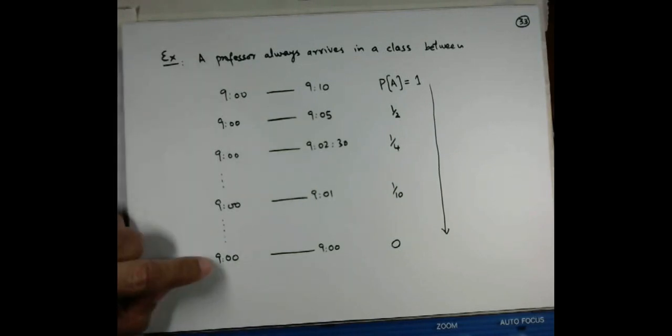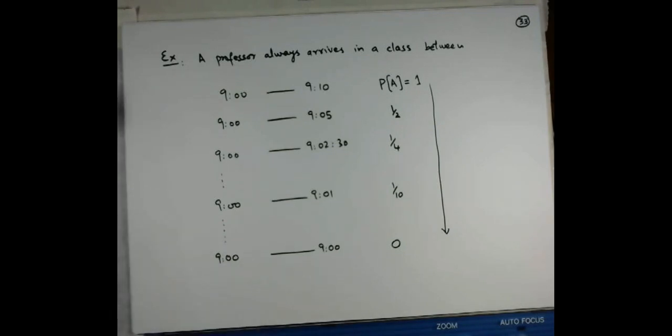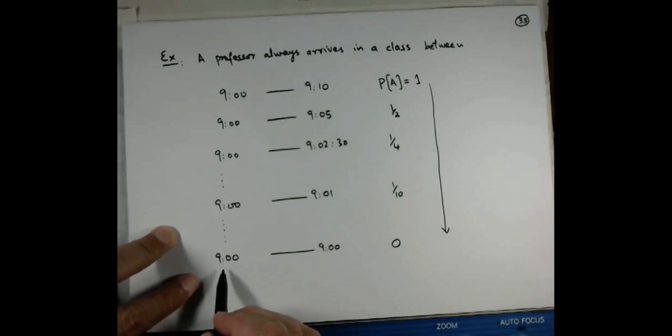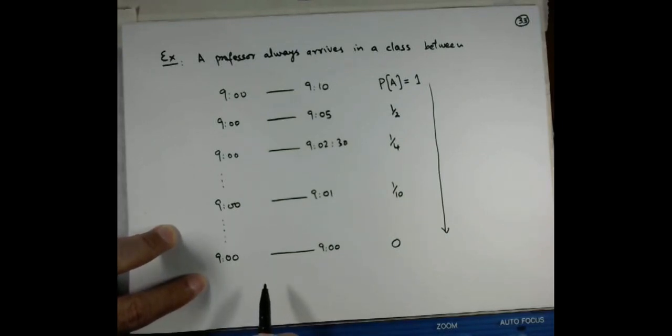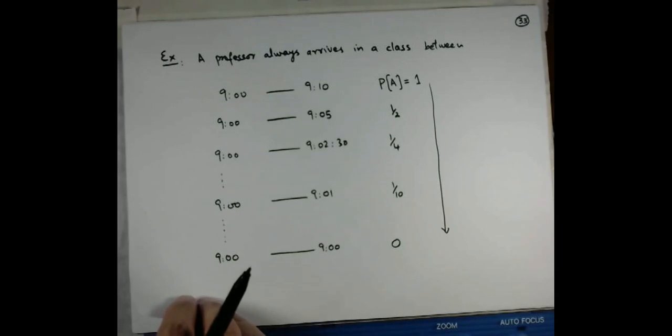So when you take an interval from 9:00 to 9:00, which is impossible, then the probability is also 0. So you see, this is like measuring from 9:00 to 9:00, just a point, even smaller. So I hope now you understand why the probability that the professor arrives in a class exactly at a particular instant of time is 0.